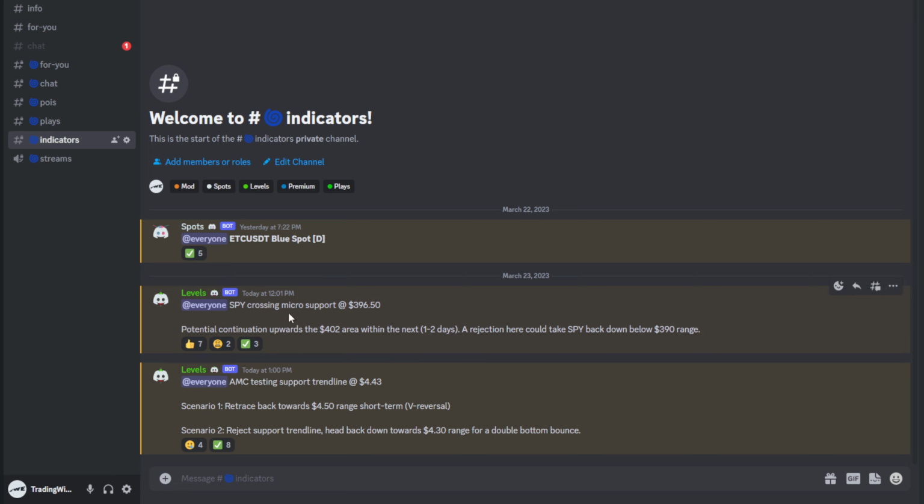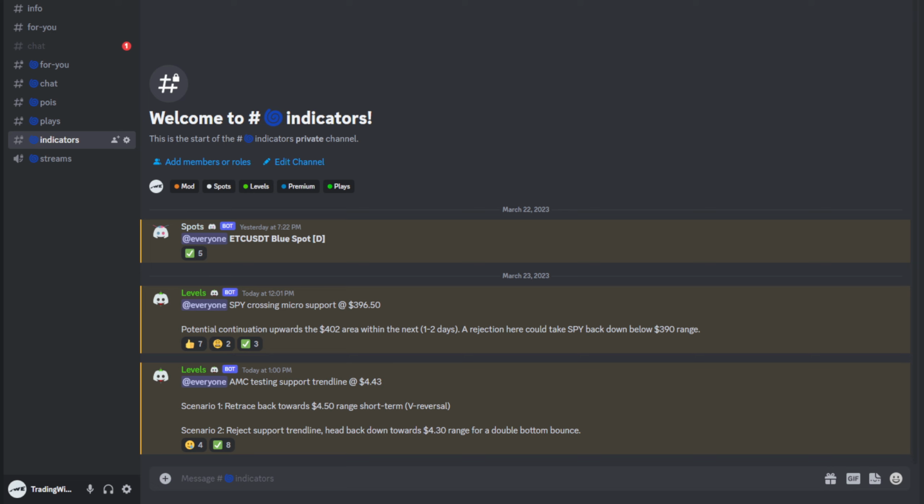So we also have a levels tracker, and the levels tracker is going to track the levels of support and resistance. Obviously, those are some that I have on my TradingView account, and I set those parameters, those levels, and then I have notes that I keep on there so everything is alerted when it does trigger those levels. And you can see one on AMC, right?